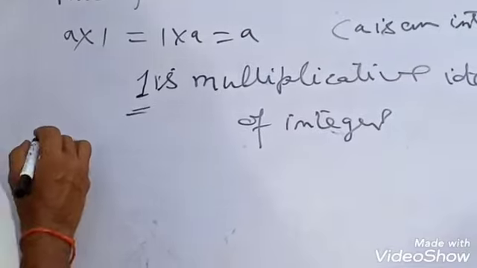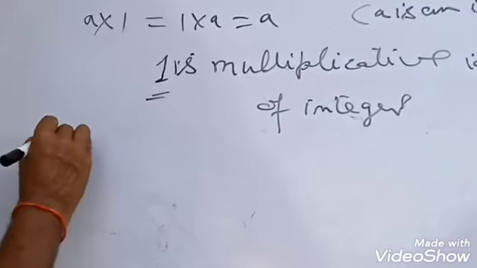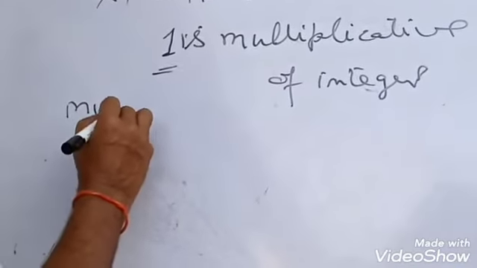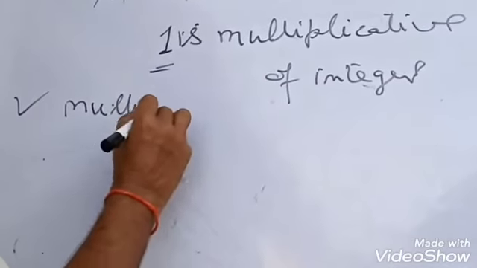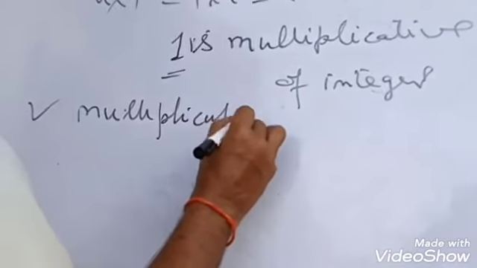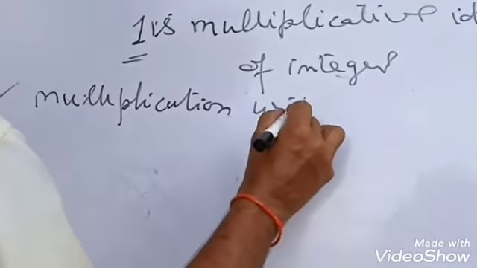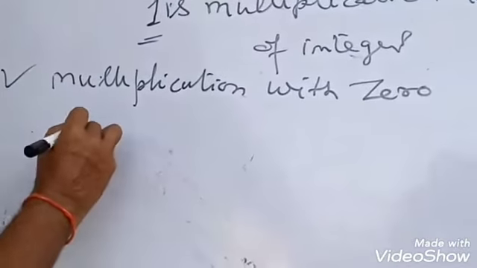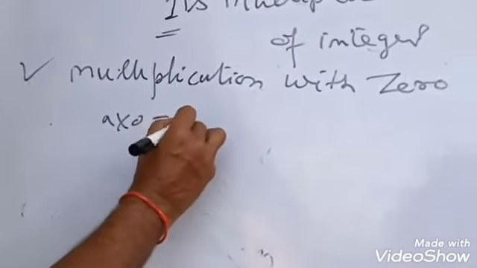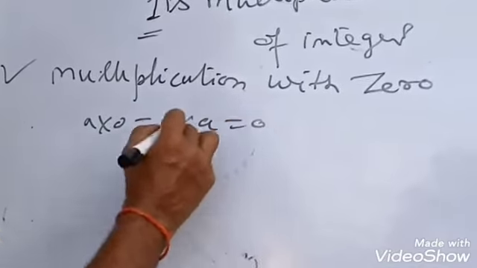Now multiplication by 0. Here A into 0 is equal to 0 into A is equal to 0.